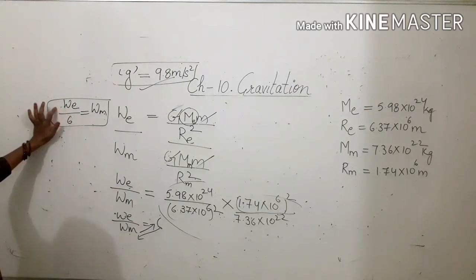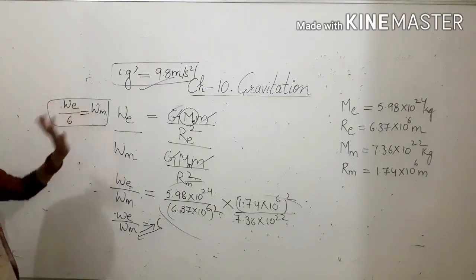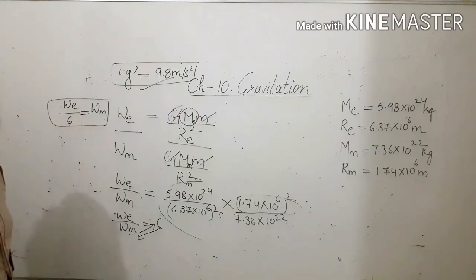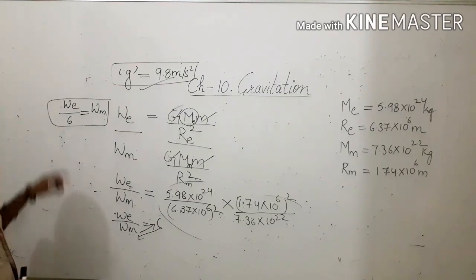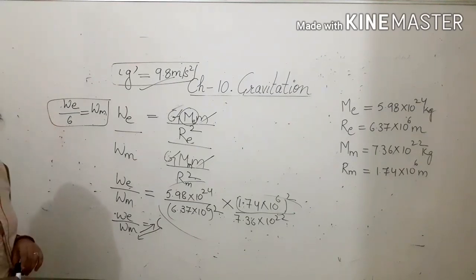Means whatever the weight of the object on the surface of earth, that becomes 1/6 on the surface of the moon. So up to this extent, weight of the object reduces on the surface of moon. It becomes 1/6 of the weight of the object on the surface of earth.